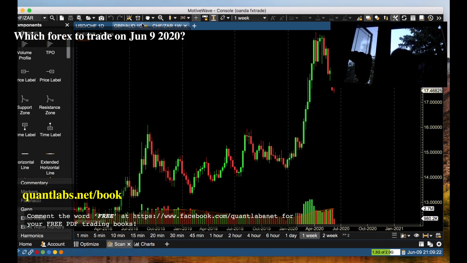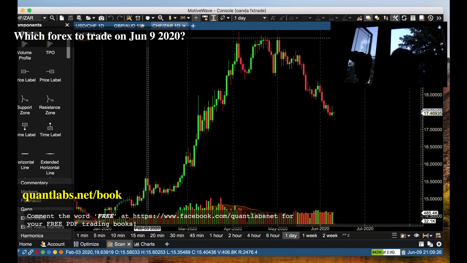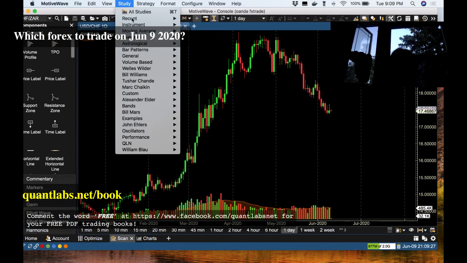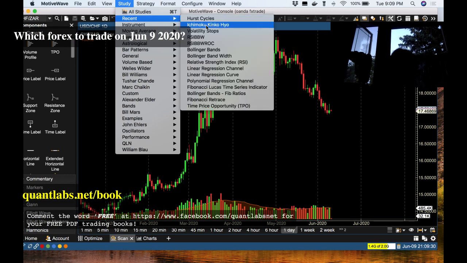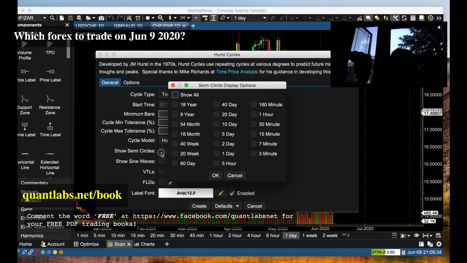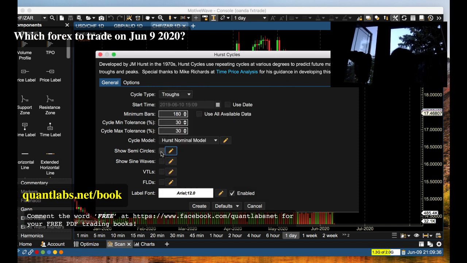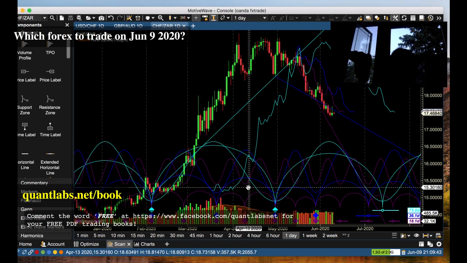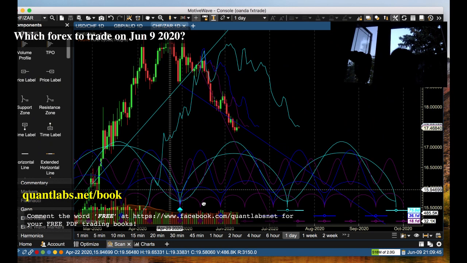Did I look at the Hirsch cycle? Yeah, we don't see anything here.